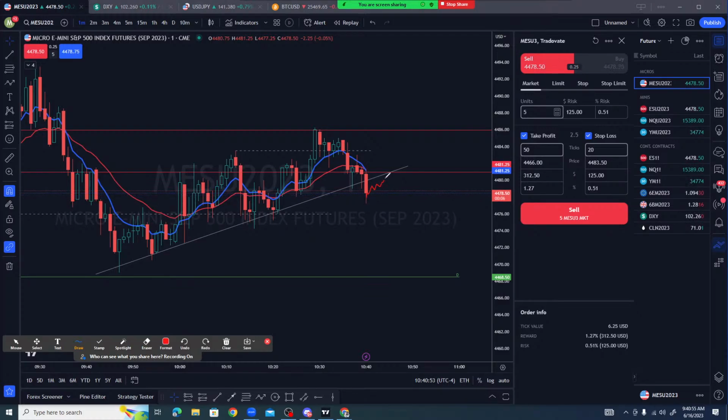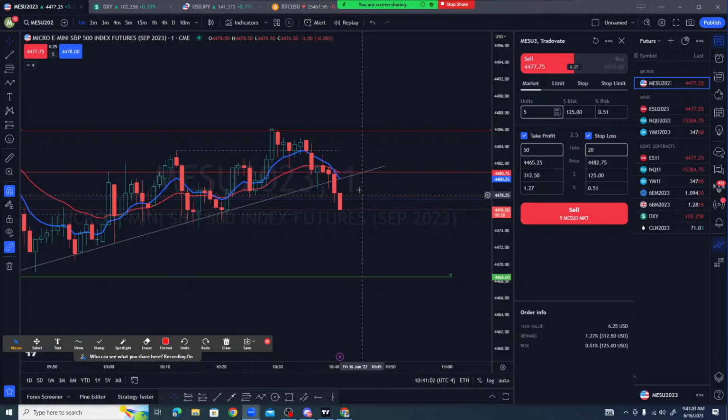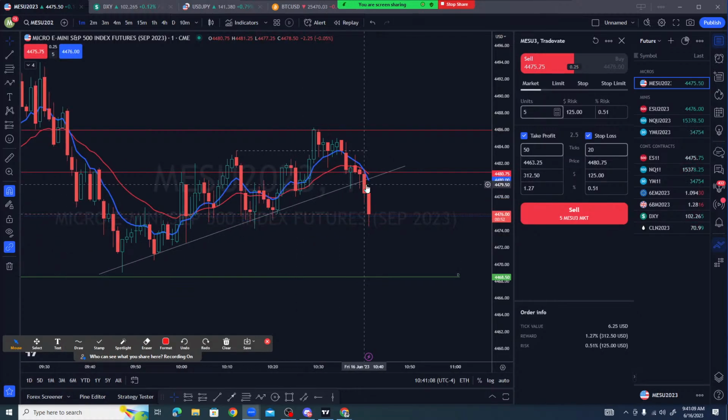Let's see if we can't get a little pullback into the moving average. Or it's just going to dump. I never take it down here.